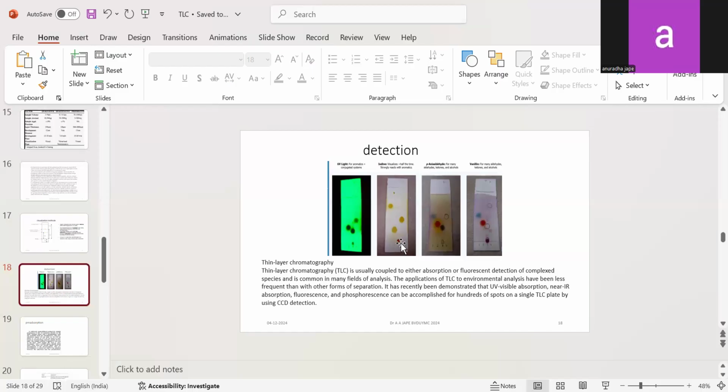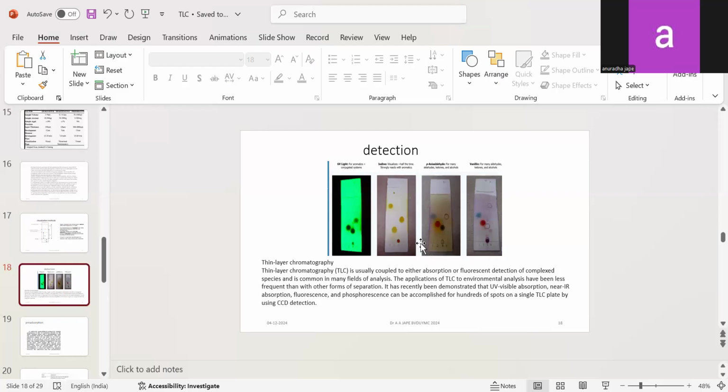In the second, we talked about the iodine vapor, which is more commonly useful or efficient for unsaturated compounds to be investigated. So that is the second method. Third is spraying the plate with a specific color agent, as I said, for example, ninhydrin to locate the amino acids and peptides.